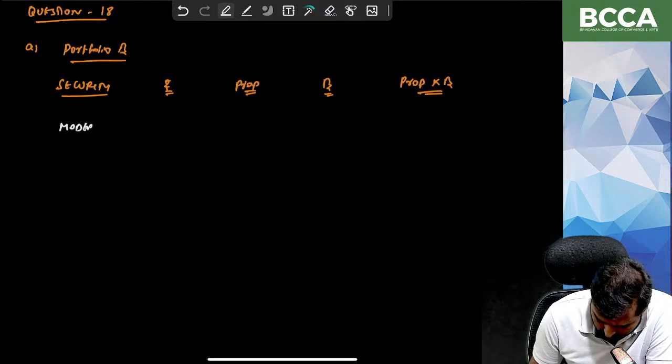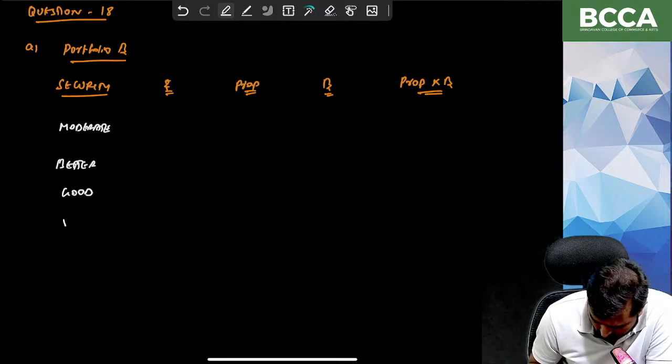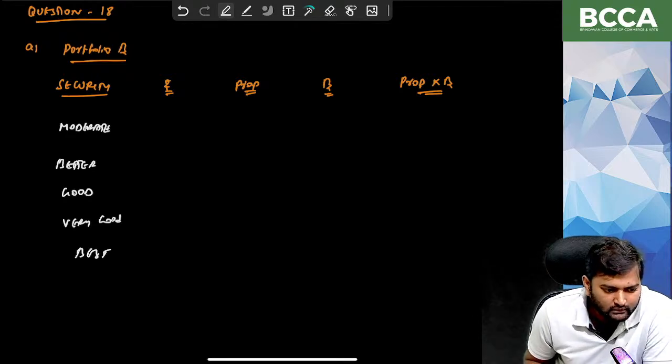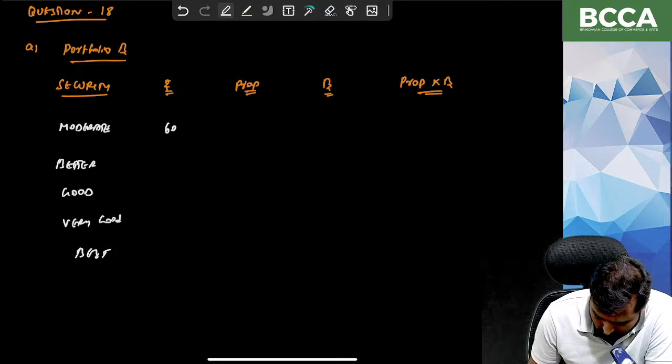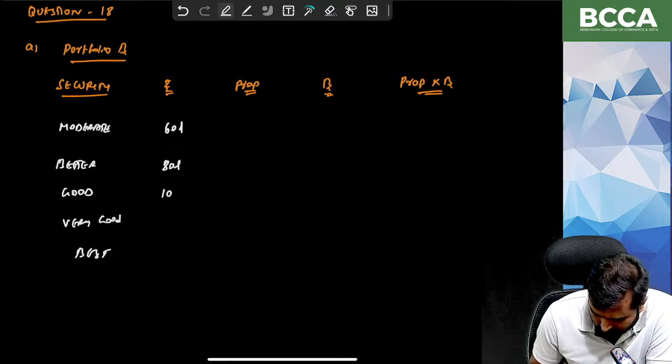Moderate, better, good, very good, best. What is the amount? 60 lakhs, 60.